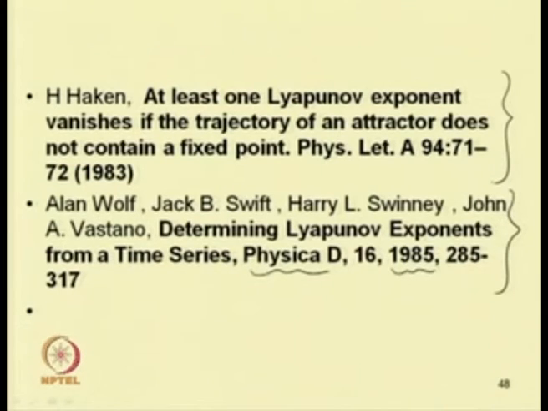Also, one can study this paper. Here it is observed by Haken that at least one Lyapunov exponent vanishes if the trajectory of an attractor does not contain a fixed point. So, if the attractor does not contain a fixed point, at least one of the Lyapunov exponents vanishes.